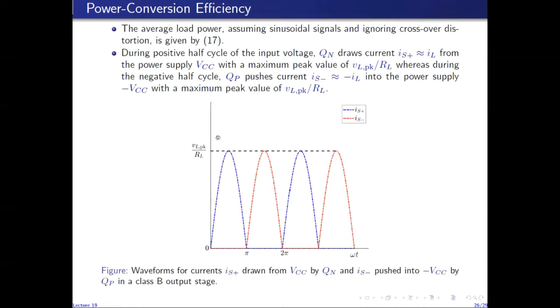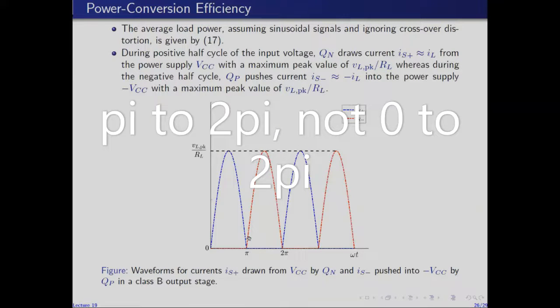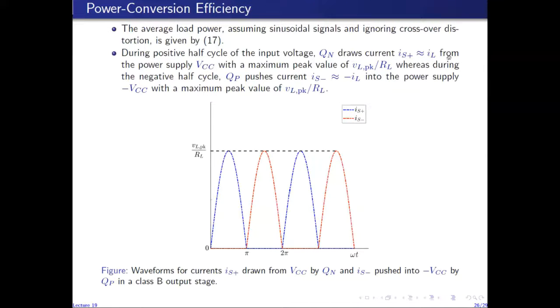So here in this diagram, I plot the currents IS positive and IS negative. I'm assuming that the input swings in the positive direction from 0 to pi and in the negative direction from pi to 2 pi. During the positive half cycle of the input, IS plus is drawn by Qn and is sinusoidal because the input signal is sinusoidal.